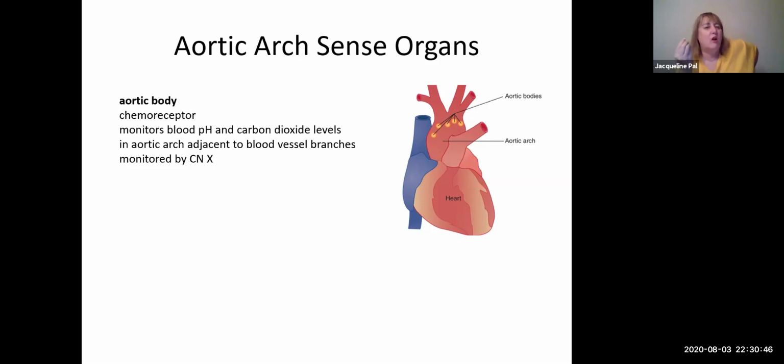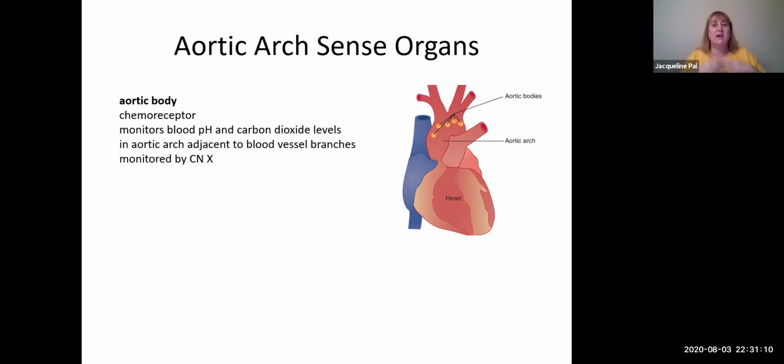These are not doing any monitoring of oxygen levels. They're monitoring your blood pH and the carbon dioxide levels. If you remember that equation where carbon dioxide meets with water and eventually dissociates to hydrogen ions, that affects the pH. And so this is really monitoring that pH and sending messages.